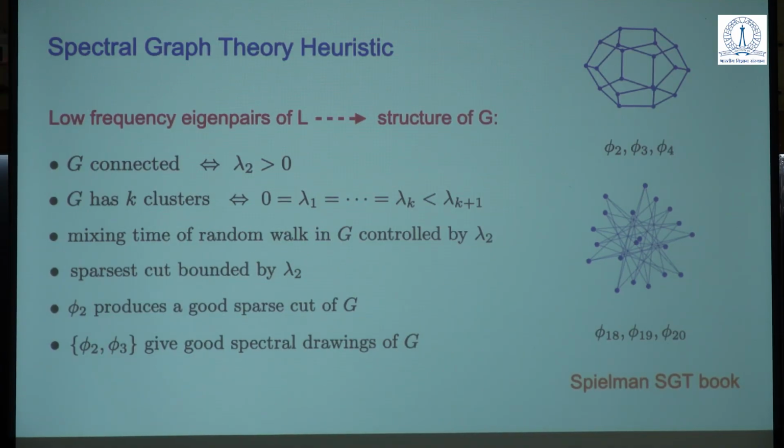Remember what that means? phi2, phi3 and phi4 are long vectors, and we're using the rows of this n by 3 matrix to position the vertices of the graph, and then connecting things together if there are edges. If you use those three, you see the graph looks like the graph of the dodecahedron.